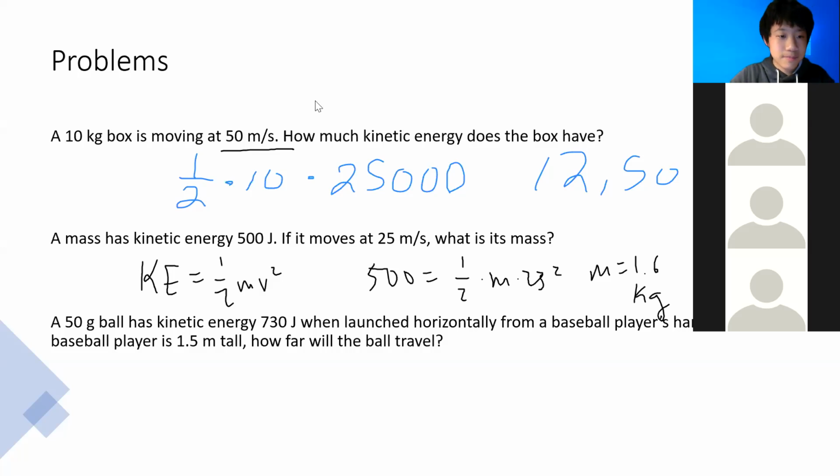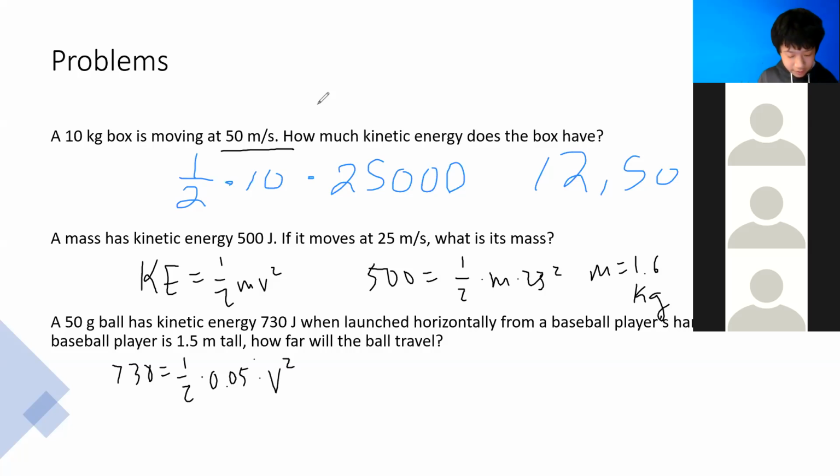Now for the last one: a 50-gram ball has kinetic energy 730 joules when launched horizontally from a baseball player's hand. If the baseball player is 1.5 meters tall, how far did the ball travel? Well, let's first use the kinetic energy equation to see how fast the ball is going when it's launched. 730 equals 1/2 times 0.05 times v squared.